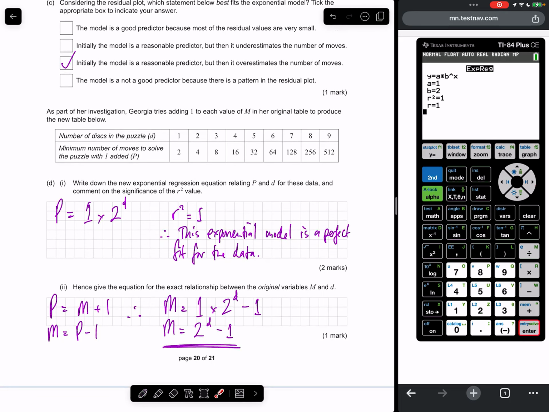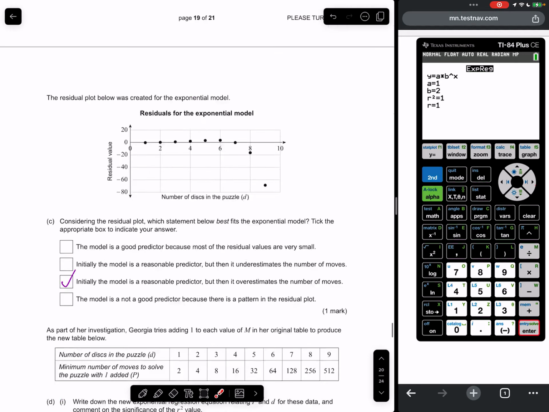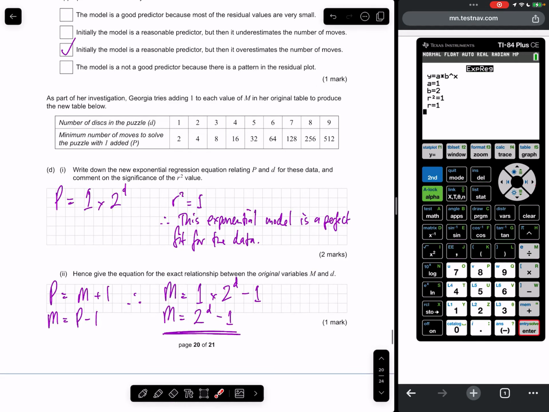Because Georgia did the extra step of adding 1 to all of the numbers of moves, you got a perfect relationship that allowed us to link the original relationship of M to D with this new one.